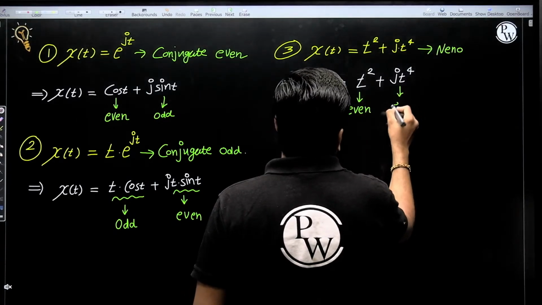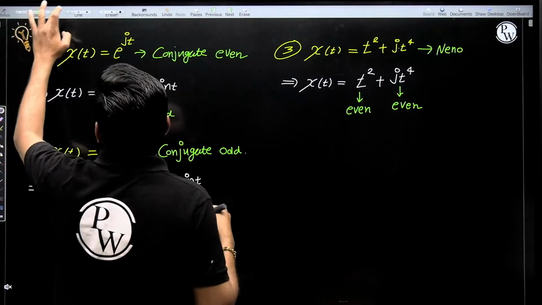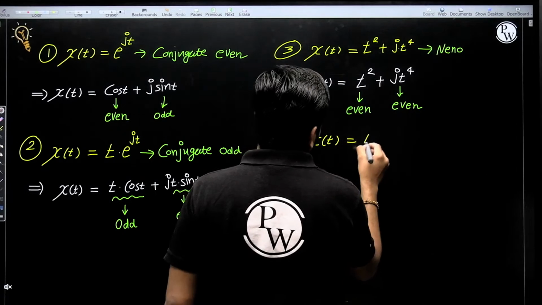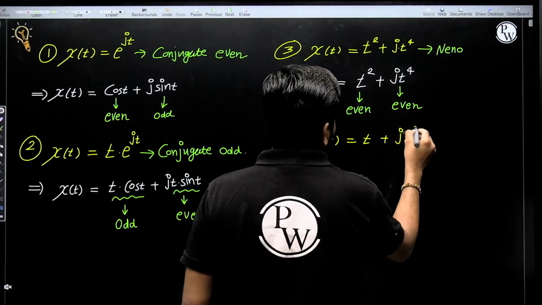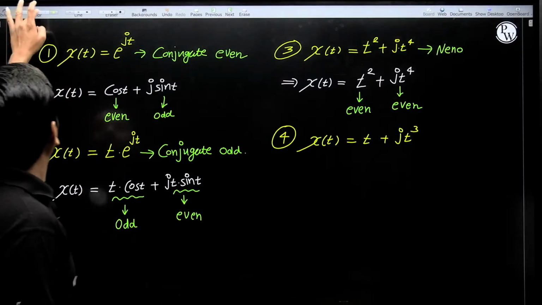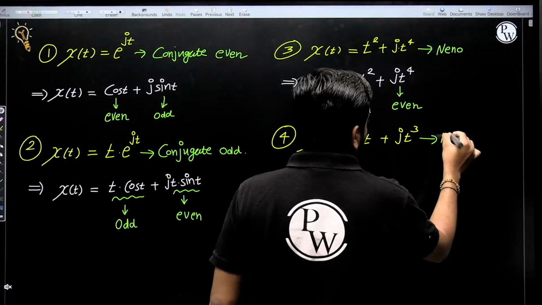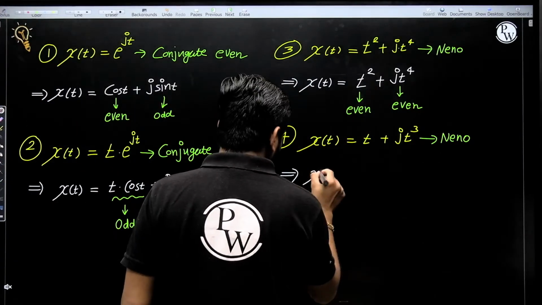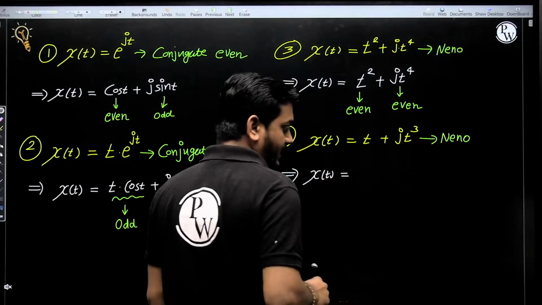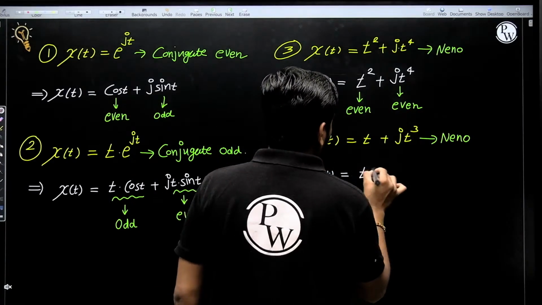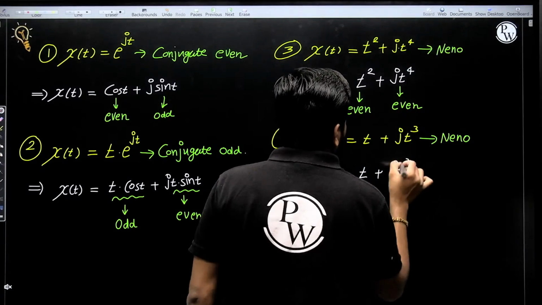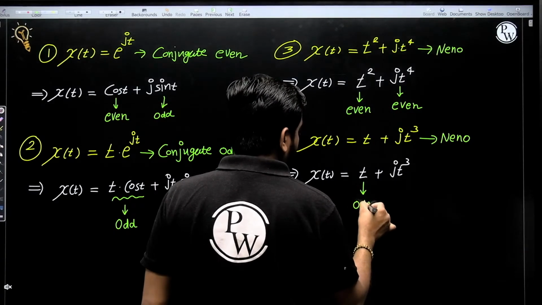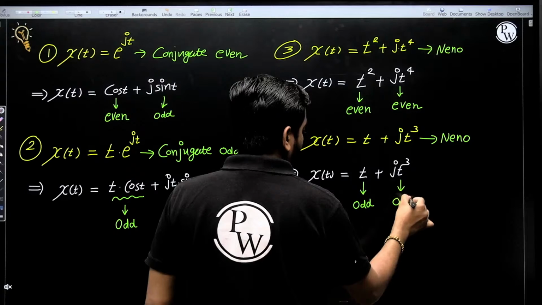Both are even and the x of t is neither. Similarly, fourth question was t plus j t cube. This was also neither even nor odd, and here the observation is that the real part is odd and the imaginary part is also odd.